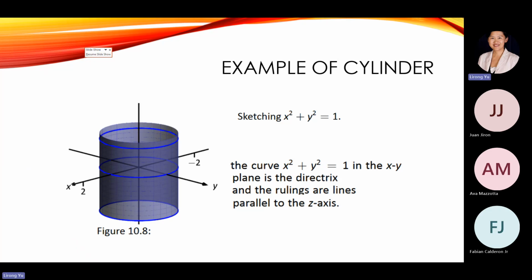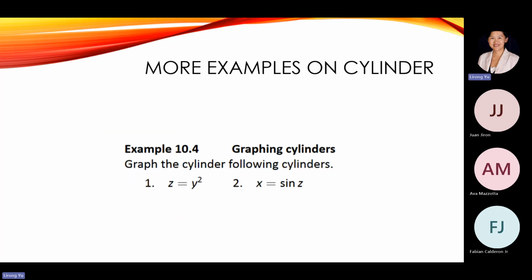Any question? So we want to have some general idea about the possible forms of cylinders. A couple other examples: z equals y squared. Whenever one variable is squared and the other is degree 1, they form a parabolic relation between the two variables, correct?